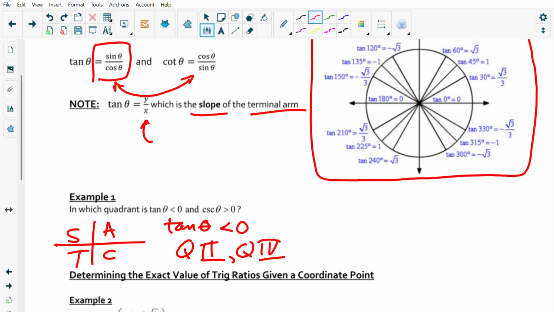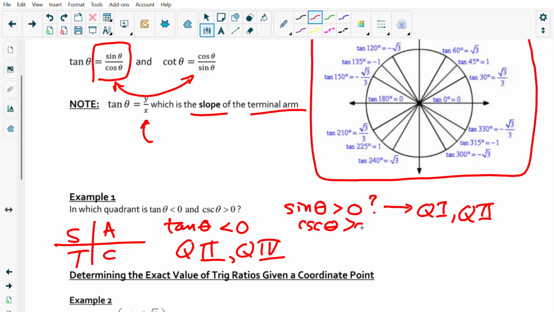And cosecant of theta, I'm going to think of sine of theta, that's the way I remember. Where is sine of theta greater than 0? This is in quadrant 1 and quadrant 2. Therefore, cosecant of theta is greater than 0 also in quadrant 1 and quadrant 2, because these are reciprocal identities.